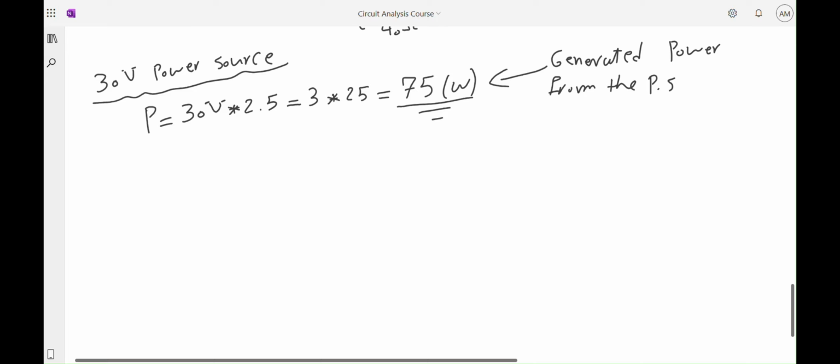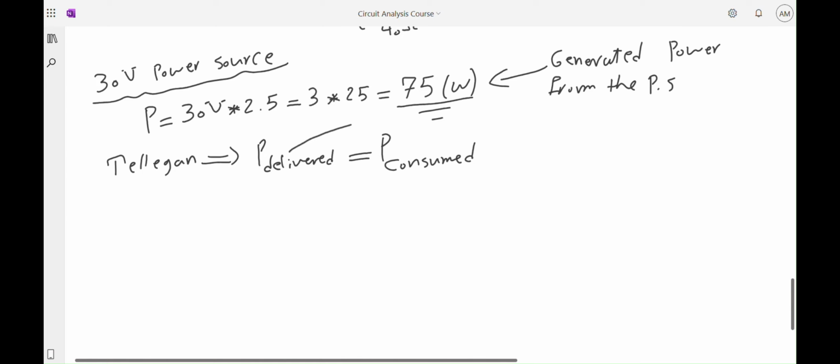And from Tellegen's theorem, I know that the power delivered by the power source has to be equal the power consumed by all the consumers or the loads.